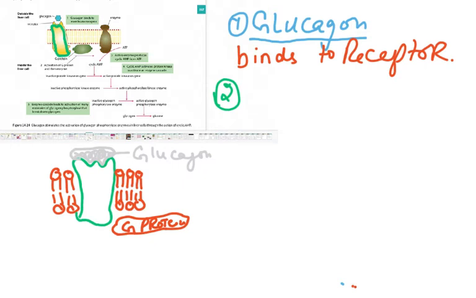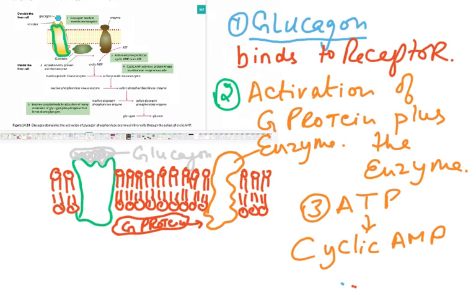Now the G protein, when it is activated, so the activation of the G protein, please remember, the first point was glucagon binds to receptor. The second point is the activation of the G protein. Now this G protein is this thing which I've drawn here, and this G protein is activated because this receptor is going to transfer this, and if you remember this from AS level, this is called signal transduction.